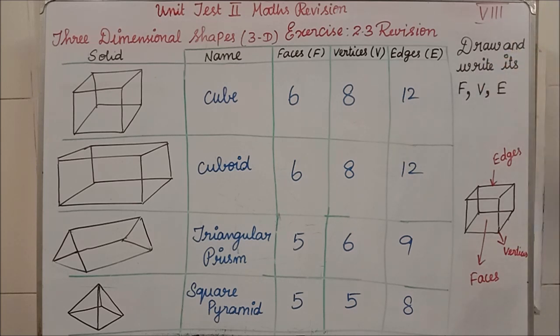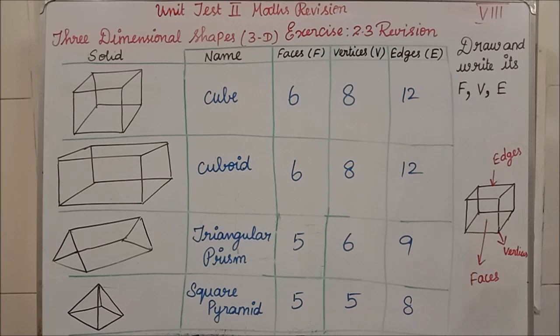What is the 2D shape of a cuboid? It is a rectangle. In 3D it becomes a cuboid, and in 2D it becomes a rectangle. Similarly, in 3D we say cube, and in 2D it is a square. Clear, students, all of you?